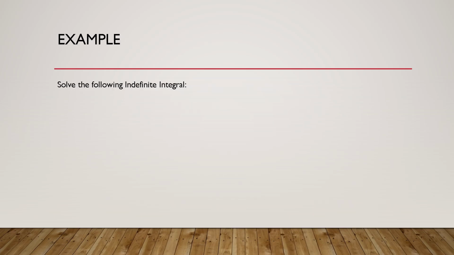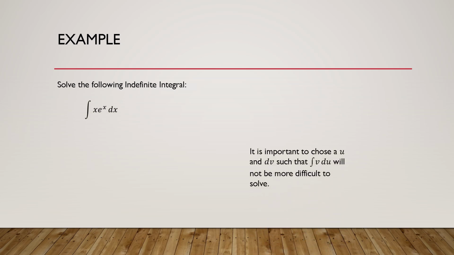As an example, let's use integration by parts to solve the indefinite integral x e to the x dx. It is important to choose a u and a dv such that the integral of v du will be no more difficult to solve. Therefore, we let u equal x, making du equal dx. Then dv equals e to the x dx. V will then be e to the x.